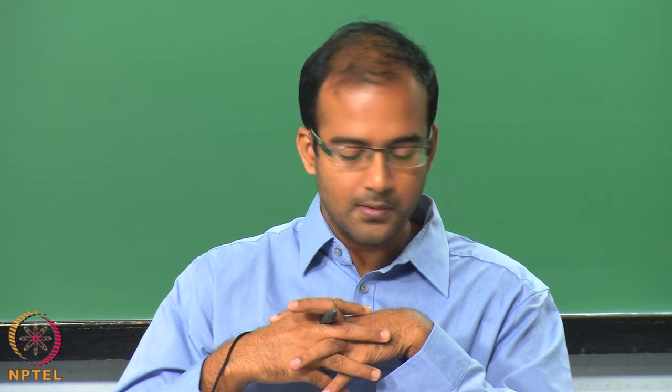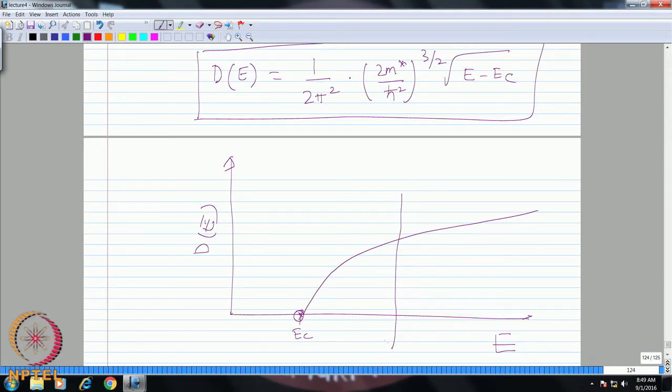So, the density of states actually gives an indicator of how many rooms you have on each floor. It does not necessarily mean the electrons have to come and occupy them, but it tells you the potential. These are the quantum states that are available for electrons to occupy. The actual occupancy itself should be calculated from a distribution function. That is what is done in statistical thermodynamics. So, for example, if you are taking the case of a metal, where will the Fermi energy come here? It is right inside your conduction band.